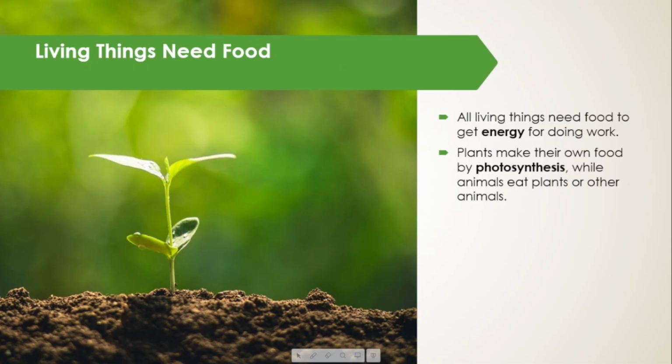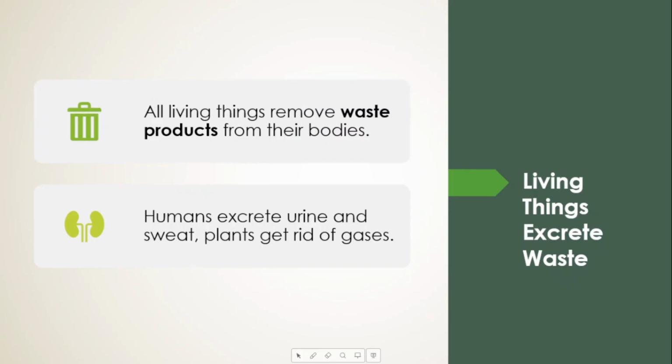Next, living things need food. All living things need food to get energy for doing work. Plants make their own food by photosynthesis, while animals eat plants or other animals in order to get energy. So all living things need food in order to get energy and to survive.